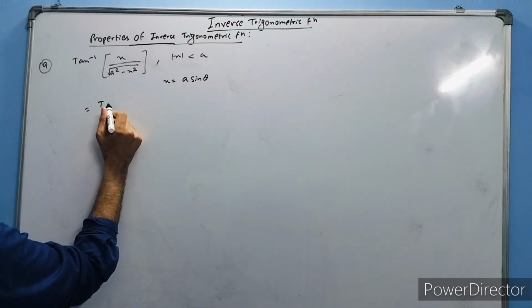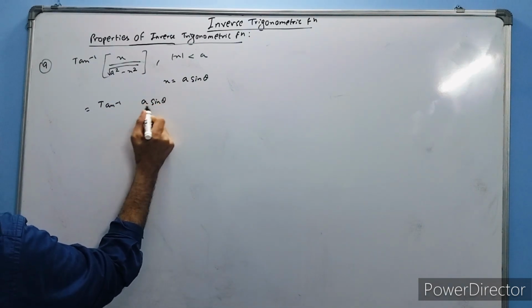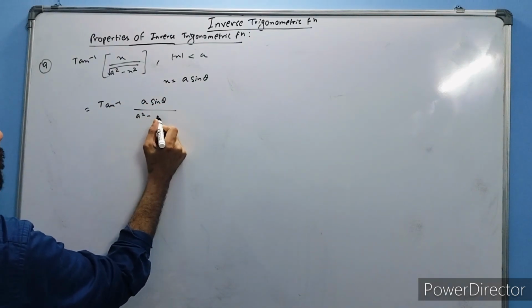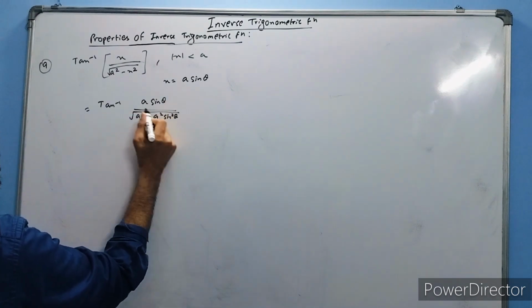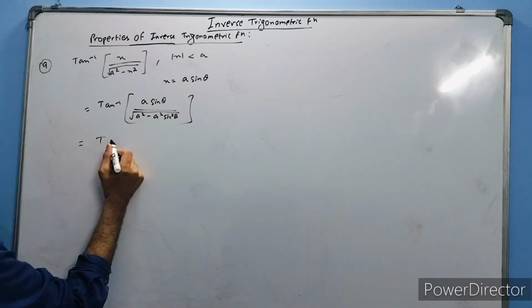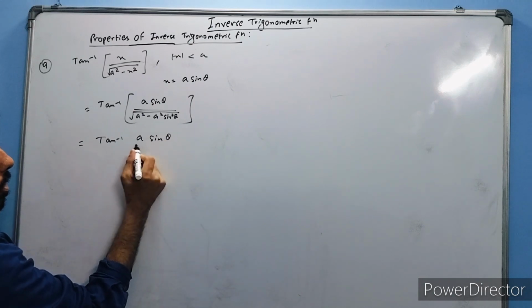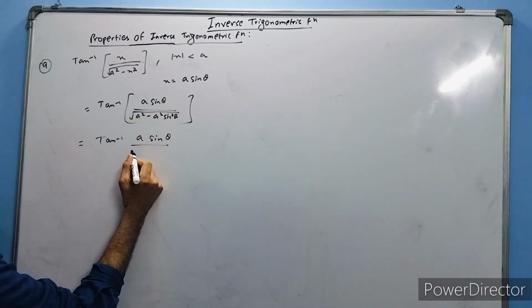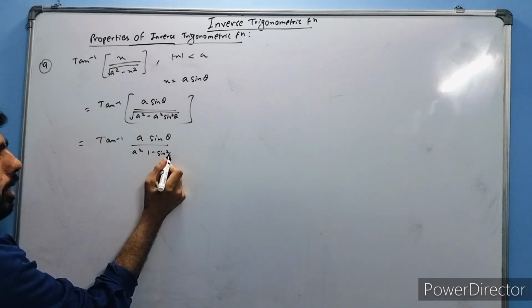If I put a sin theta, we have the square root of a square minus a square sin square theta, so tan inverse of a sin theta over that. Now I will take a square common, 1 minus sin square theta.